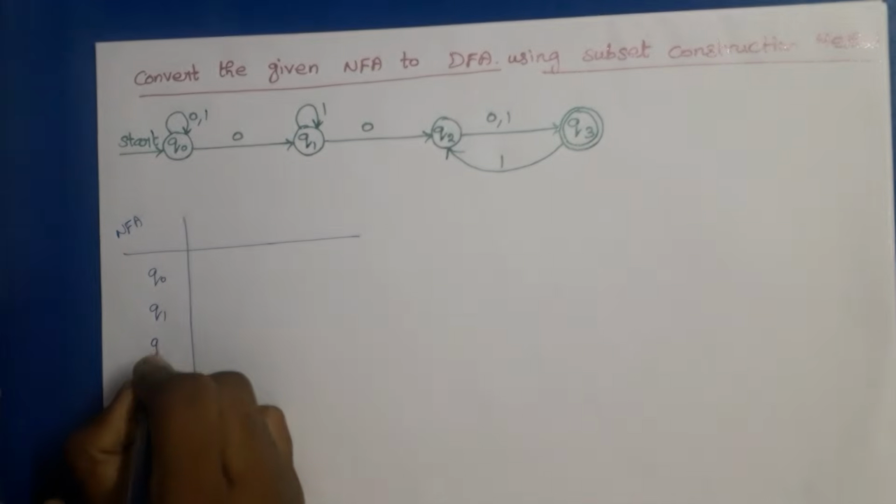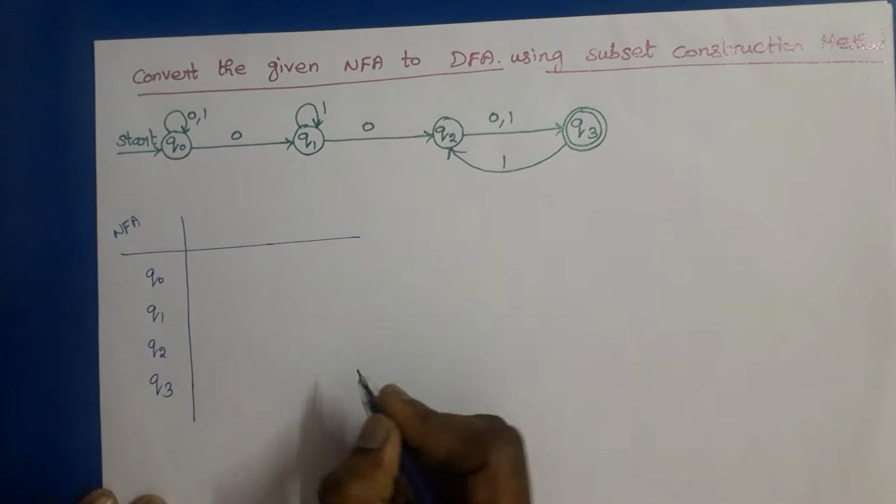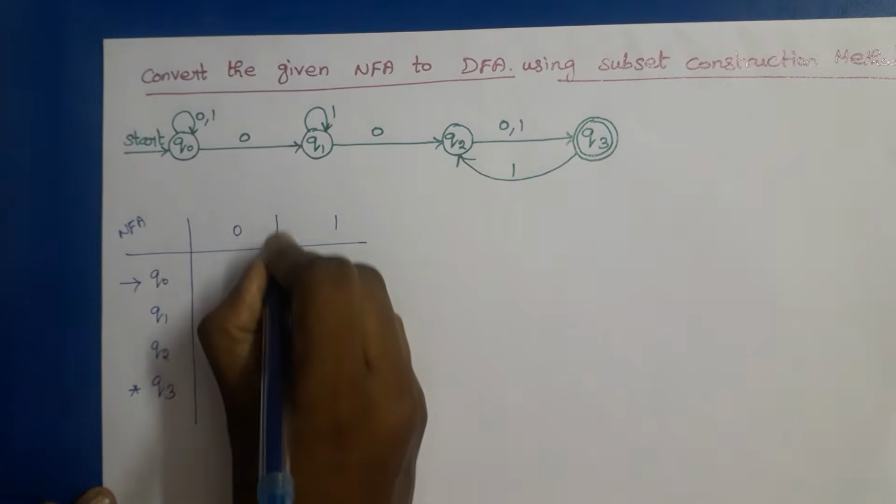The states are Q0, Q1, Q2, Q3. Q0 is the start state and Q3 is a final state. Input symbols are 0 and 1. From Q0, 0 goes to Q0 and Q1.